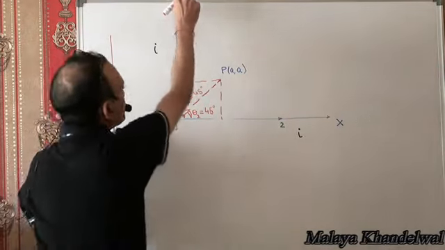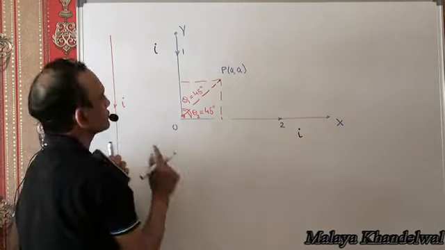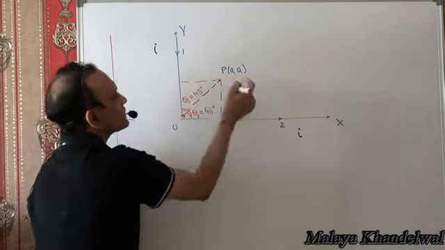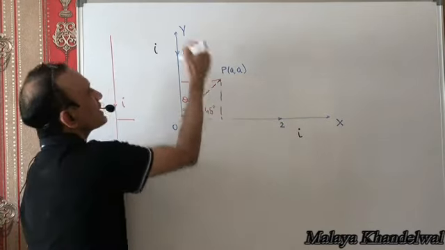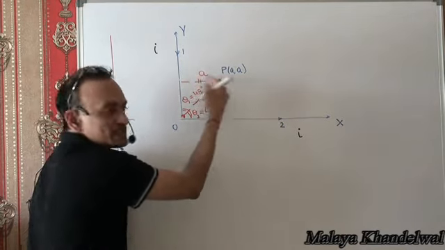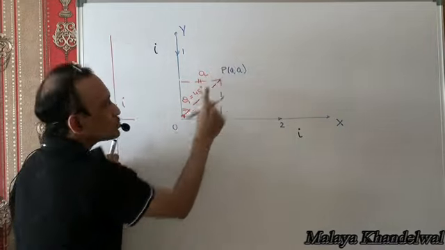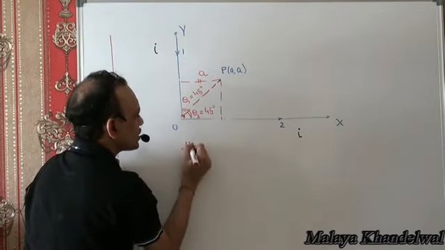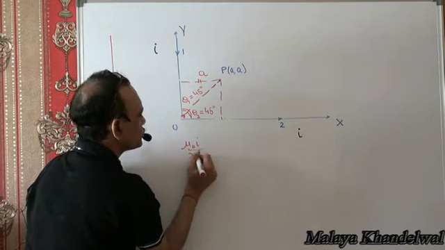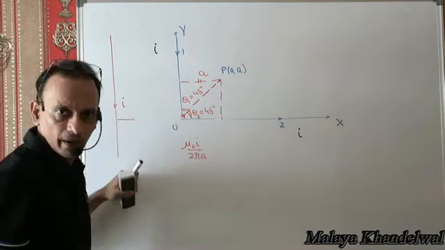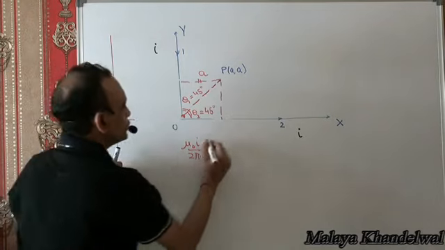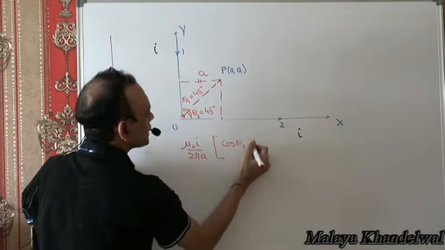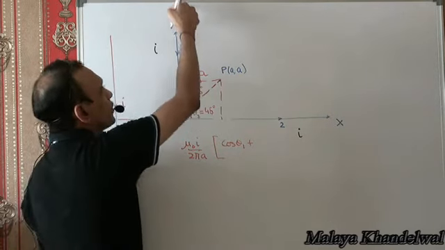Now, to compute the magnetic field due to wire 1, this wire is at a distance A from this point. So the magnetic field at P because of this is going to be mu naught I divided by 2 pi A, into cos theta 1 plus cos of this other angle.